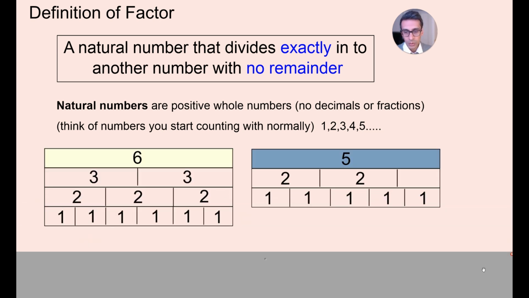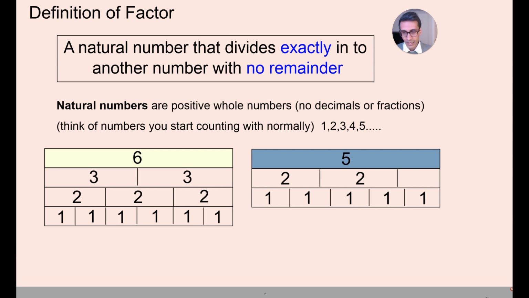Now, this is just a visual representation of factors and non-factors. So for example, in the case of 6, we can see that 3 goes into 6 twice and there's nothing left over. We can see that 2 goes into 6 3 times with nothing left over, and we can see that 1 goes into 6 6 times.